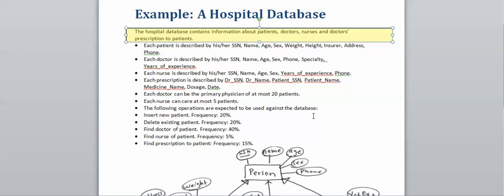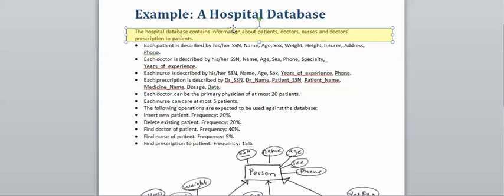Again, we're looking for entities, relationships, and then we need to find the cardinalities, the connectivities, attributes, and what is more appropriate.